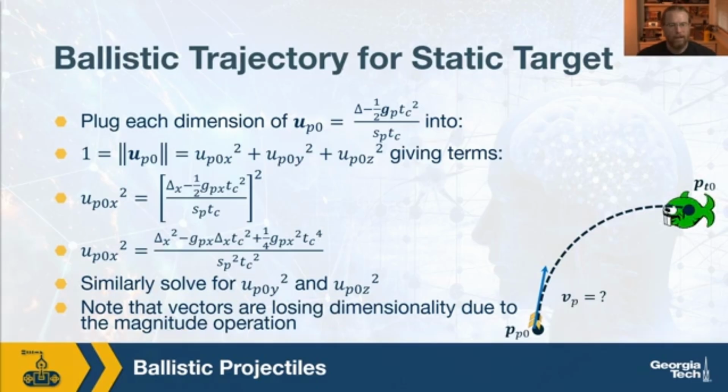We can plug each dimension of the u vector into that fourth equation. If you recall, we had the magnitude of u is equal to 1. So we can break that down, knowing that it's the sum of the squares of the x, y, and z terms.